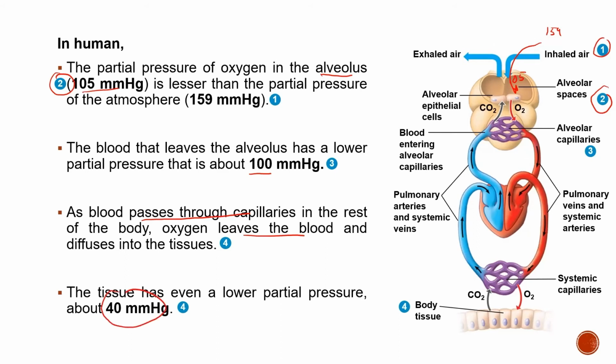So this will cause oxygen to move from higher, about 100 millimeter mercury, down to 40 millimeter mercury, and pass into the body tissue. This is what we see in oxygen transport.